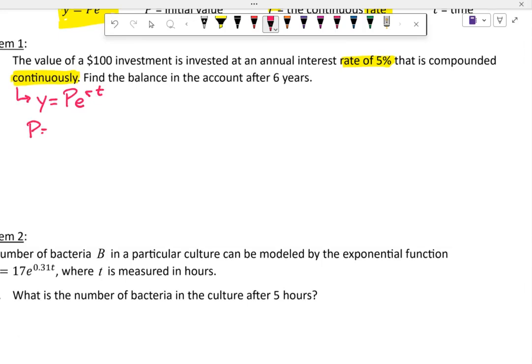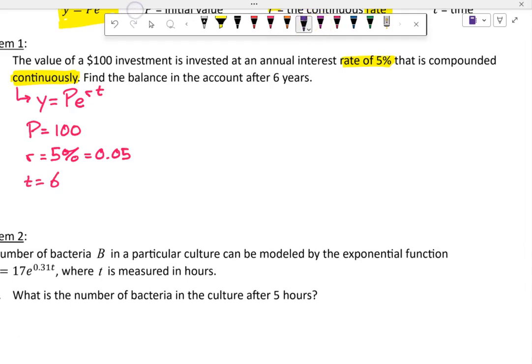P again is the initial amount. What is our initial amount for this problem? $100. e again is the natural number, so we're not going to put anything in for that. What is our rate? It is 5%, and you guys have already said it, but what is that as a decimal? And t is our time, our number of years. So what is our time for this one? 6 years.